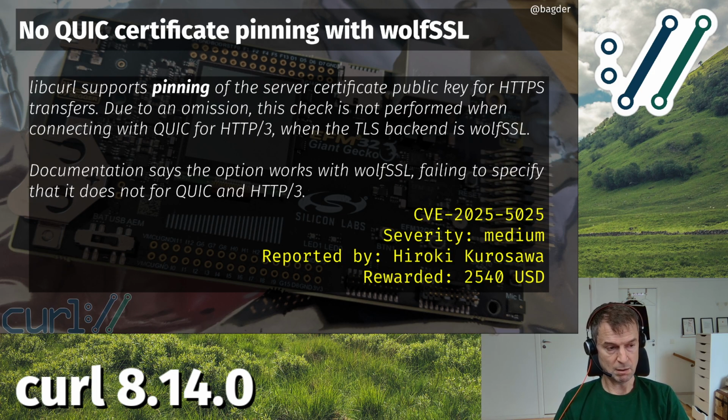So by doing that, curl could mistakenly miss if there was an imposter or a man in the middle person there instead of your actual server. So again, a quick build to use wolfSSL flaw. Again, a medium severity one, and as I mentioned, also discovered by Hiroki, rewarded $2,500. So awesome findings, and it proves that our bug bounty works really well.